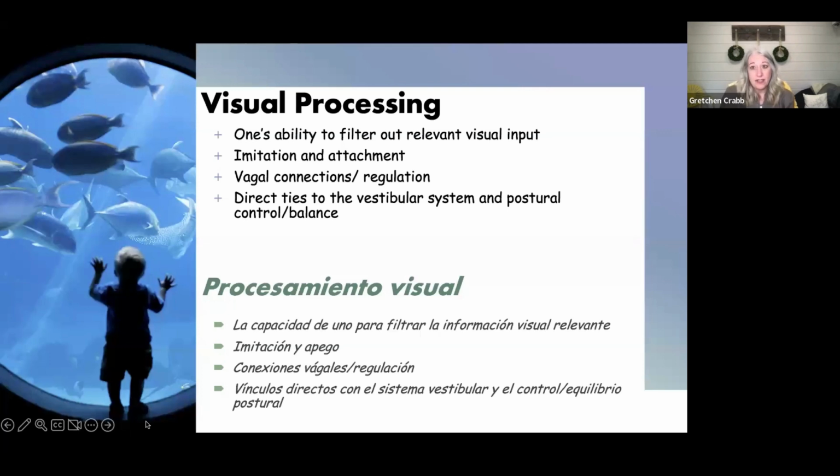Again, visual processing in particular is our ability to filter out important versus irrelevant visual input from our environment. So if you think about, I think one of the most complex visual tasks, driving, think about how many things you have to pay attention to, and think about how many things you try to filter out.